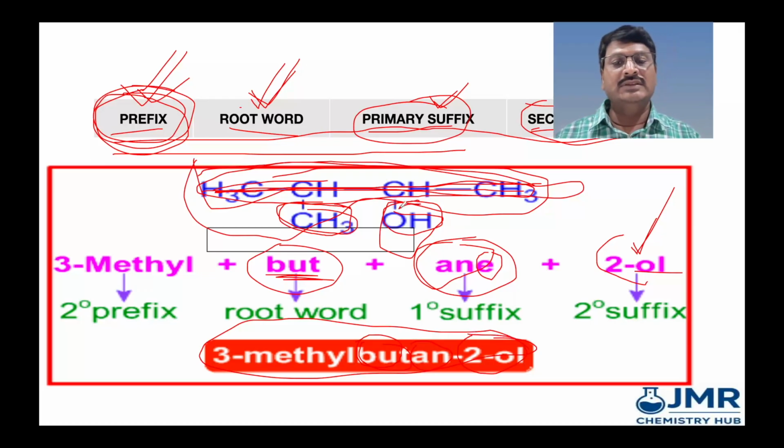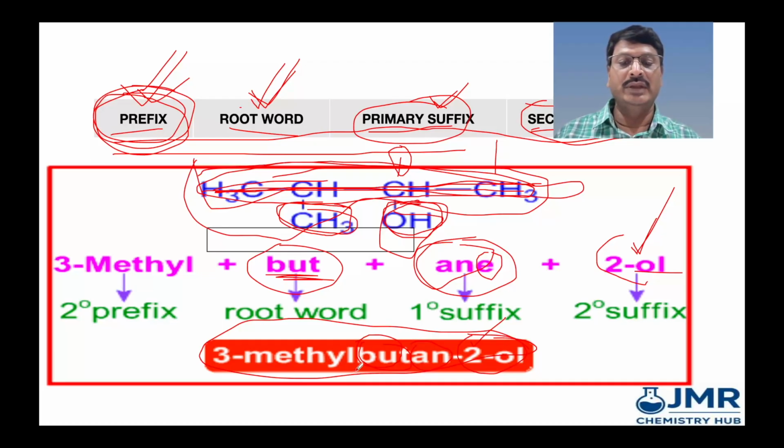If the functional group can be at different positions, it may be at the second position, sometimes at the first position. In that case you have to indicate where it is located, either the second carbon, first carbon, or like that. To indicate that, you write the number 2. The OH is present at the second carbon.